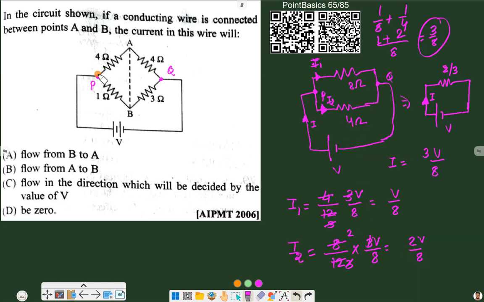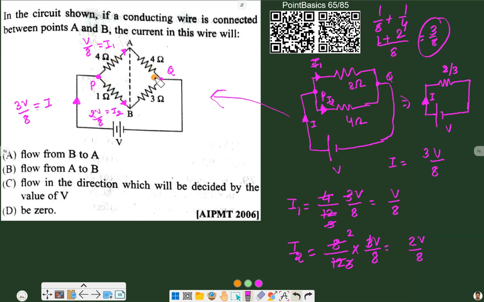So now we come back to this diagram, and we can put values here. Here we have I, and I is equal to 3V by 8. In the upper arm we have I1, and I1 is equal to V by 8. In the lower arm we have I2, and I2 is equal to 2V by 8.